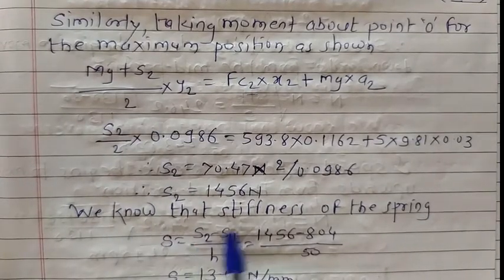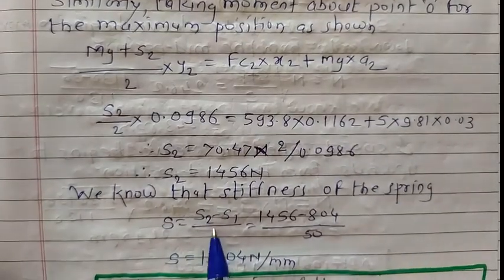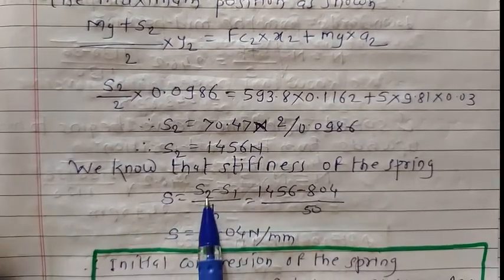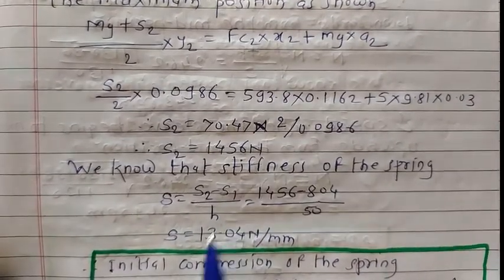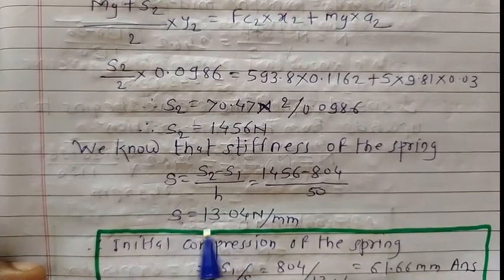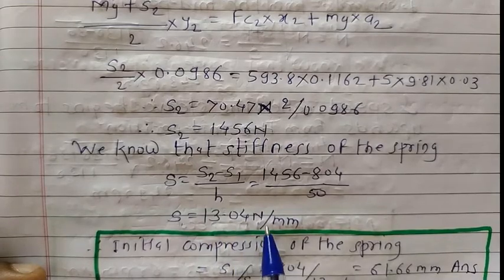We know that the stiffness of the spring is the difference in the spring force corresponding to the maximum and minimum positions. Just substitute the values of s2, s1 and h and get the stiffness of the spring, which is 13.04 Newton per mm.